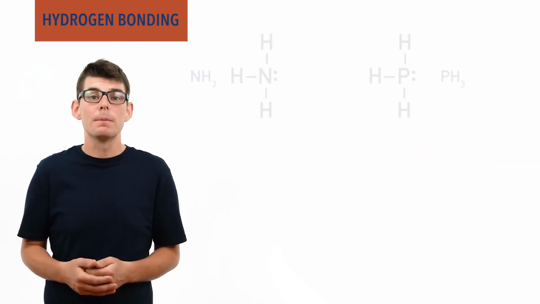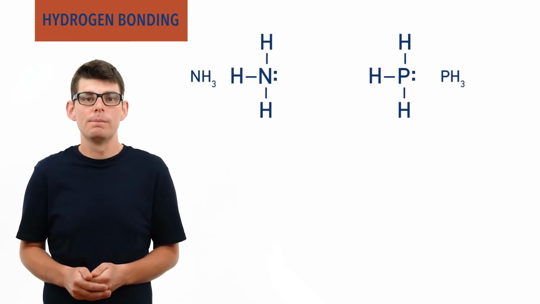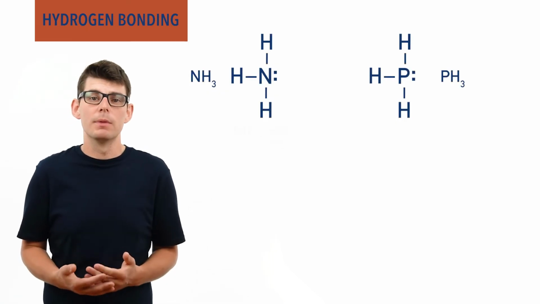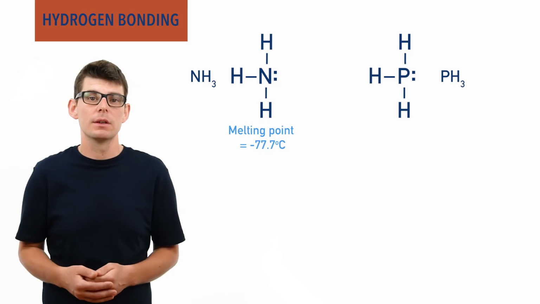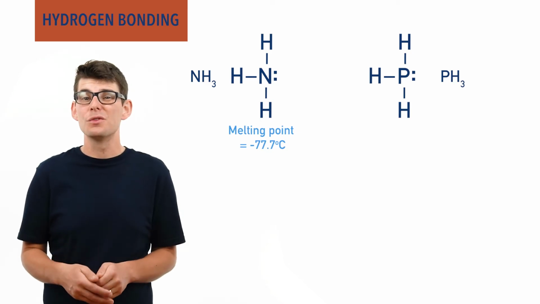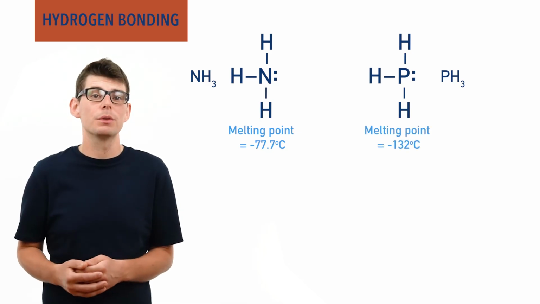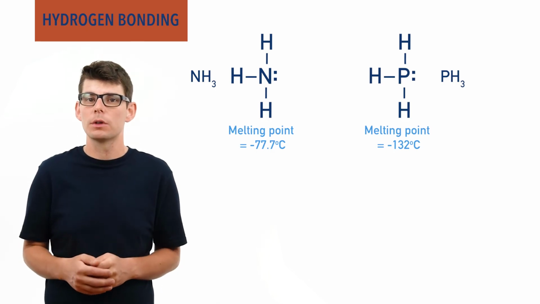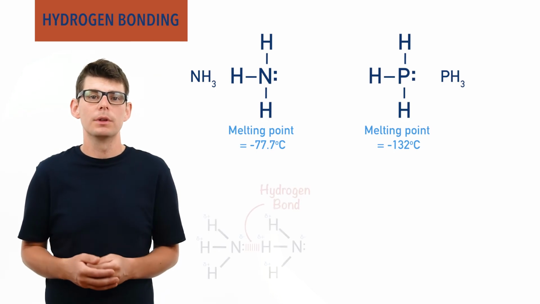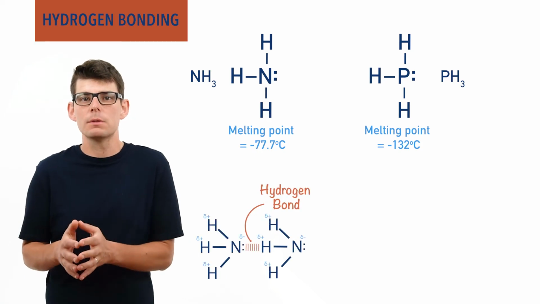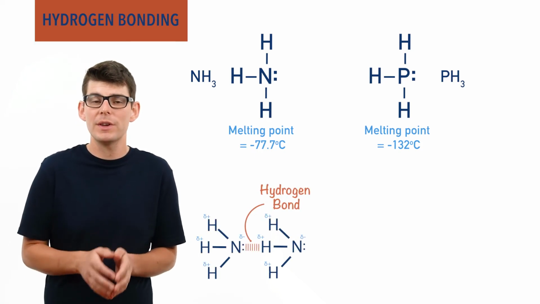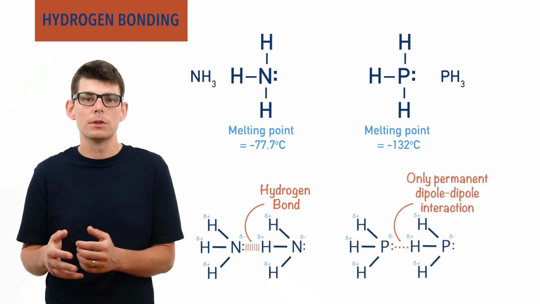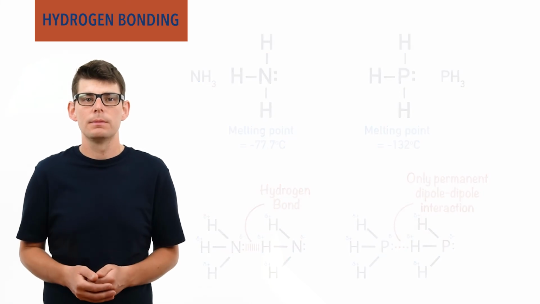The same trend is seen with ammonia, NH3, compared to phosphine, PH3. Ammonia has a melting point of minus 77.7 degrees Celsius and phosphine minus 132.2 degrees Celsius. The strongest type of intermolecular force between molecules in ammonia is hydrogen bonding, whereas the strongest type of intermolecular force between molecules in phosphine is permanent dipole-dipole interactions and forces.